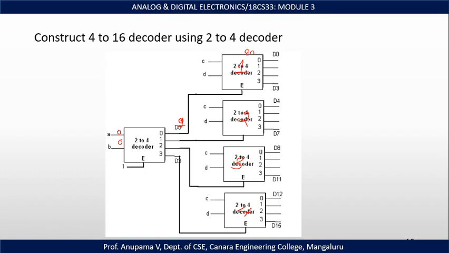When A is 1, B is 0, decoder 3 will be enabled. Similarly, when A is 1, B is 1, decoder 4 will be enabled. So out of 4 decoders, one of the decoders will be enabled depending on the value of A and B. Then depending on the value of C and D, one of the outputs of the 4 decoders will be enabled. That is, of D0 to D15, one of the lines will be active, all others will be set to 0.